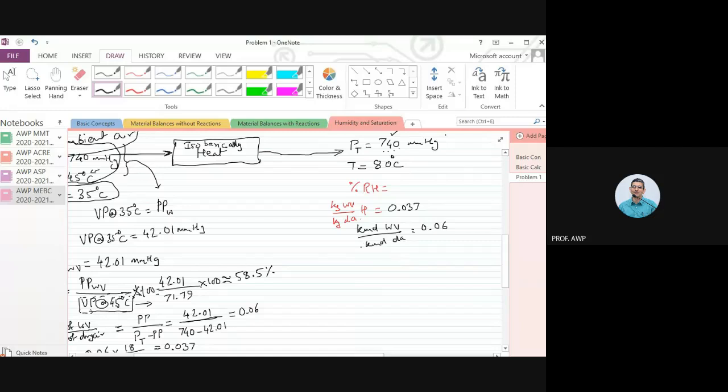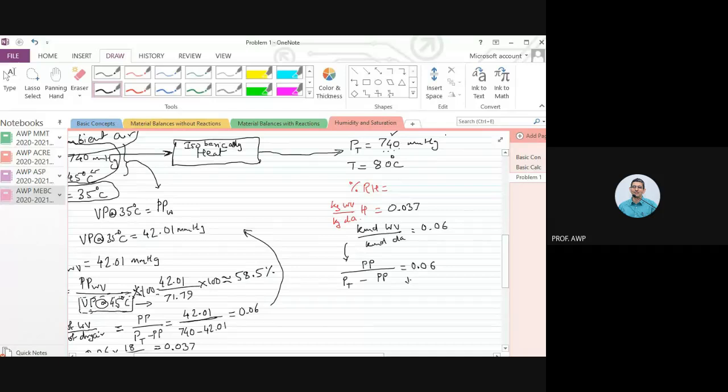That we already know: partial pressure divided by total pressure minus partial pressure, that's kilomoles of water vapor per kilomole of dry air, is going to be 0.06.